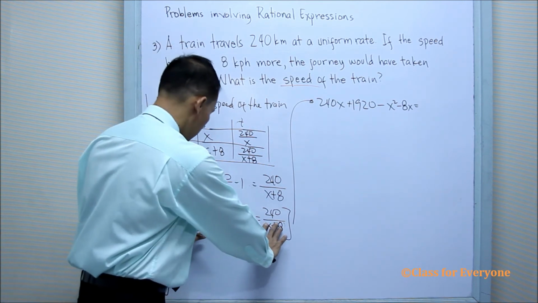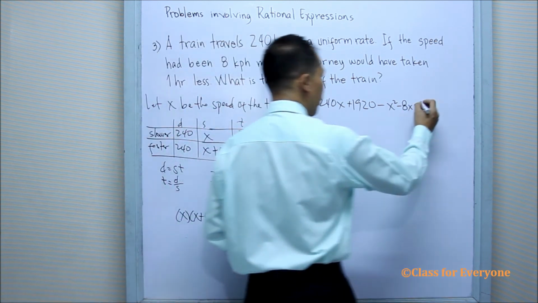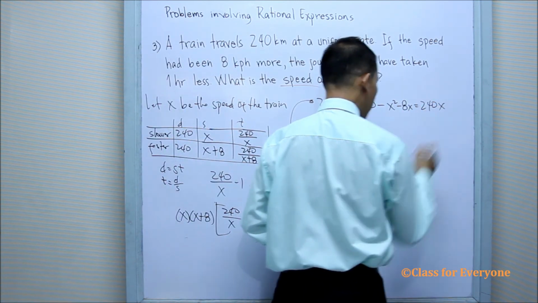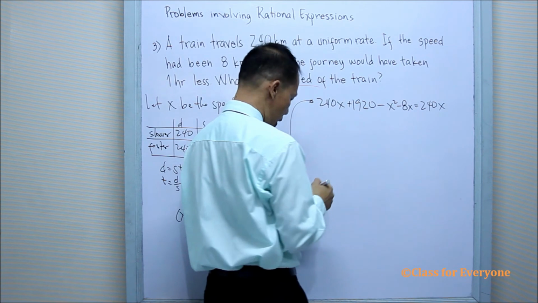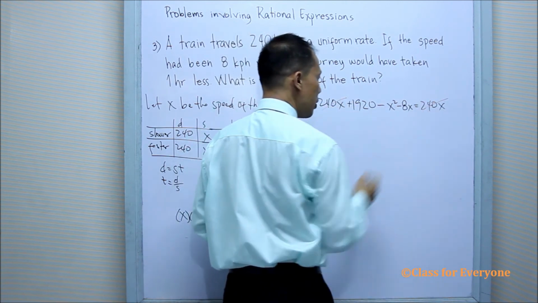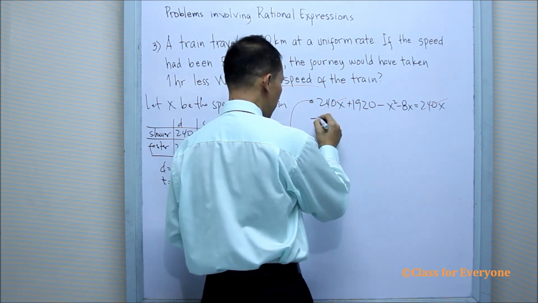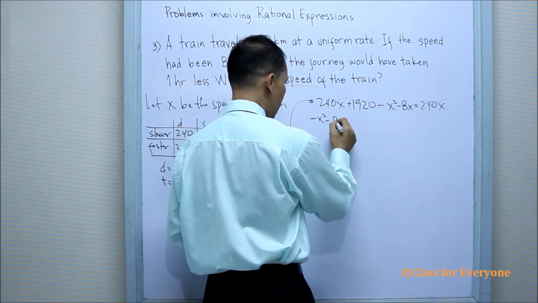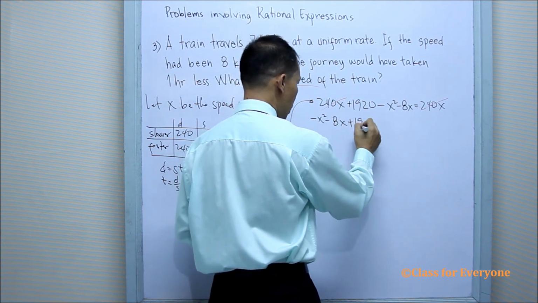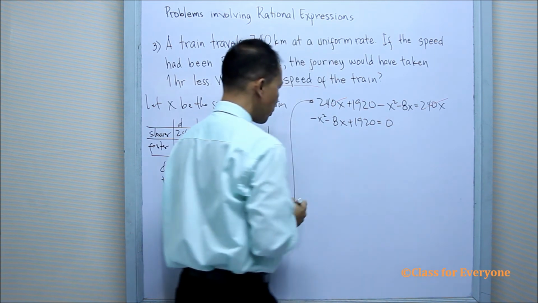We can divide out this. So what remains will be 240 times x. We'll have 240x. Both sides have a 240x, so we can cancel this. So the left side will now be negative x squared minus 8x plus 1,920 equals 0.